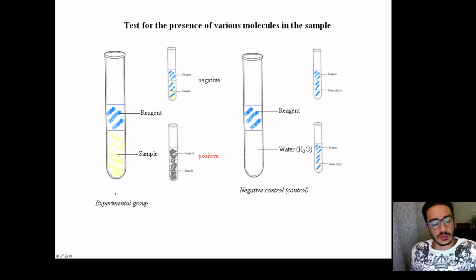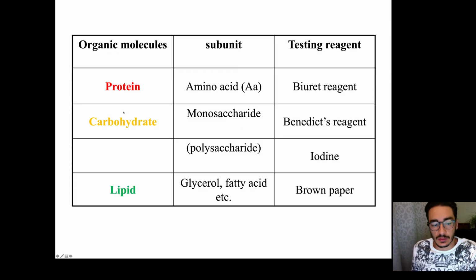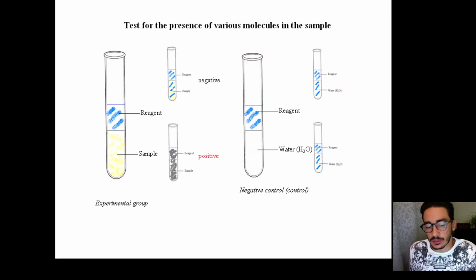So let's just explain the experimental group. Why do I have to explain this? Because the next topic I'm gonna talk about is how to do the experiments, and we're gonna use different types of reagents. We have different substances like protein and carbohydrates, and different testing reagents, Biuret reagent, and I just want to explain how it's gonna be.